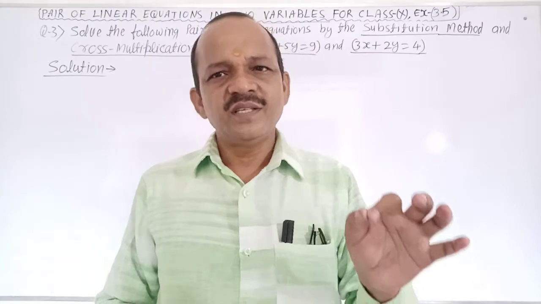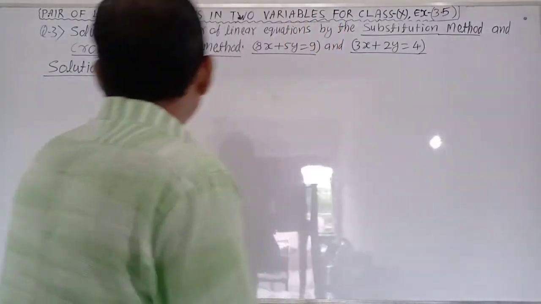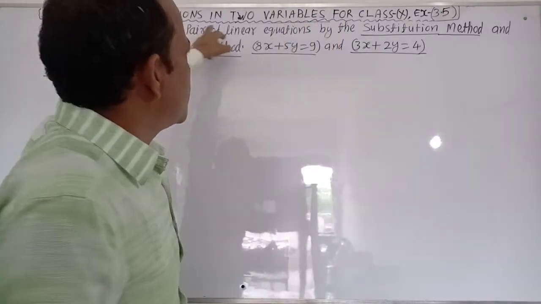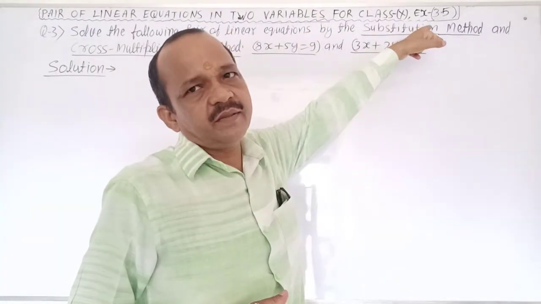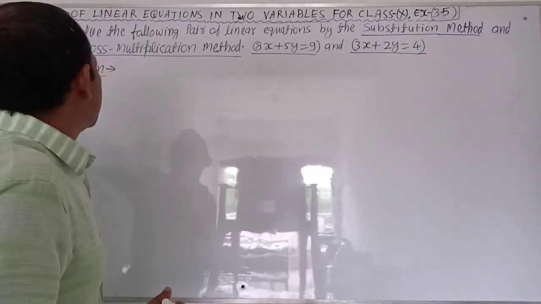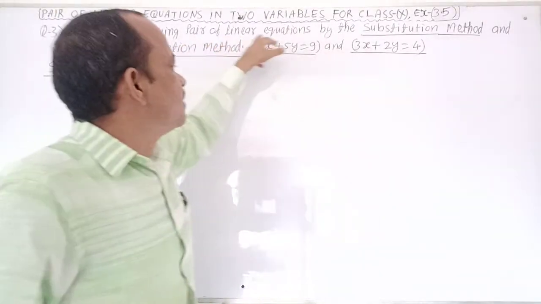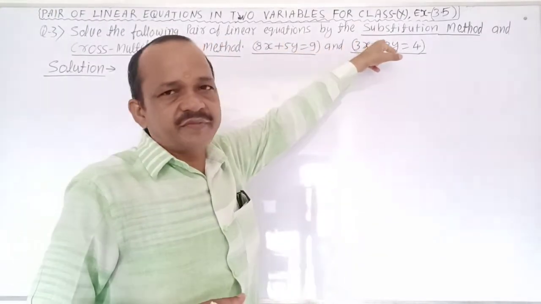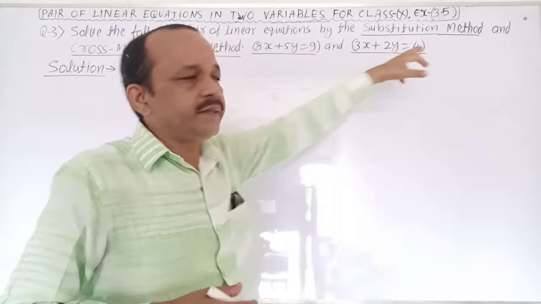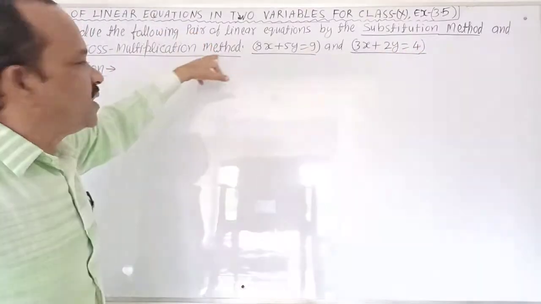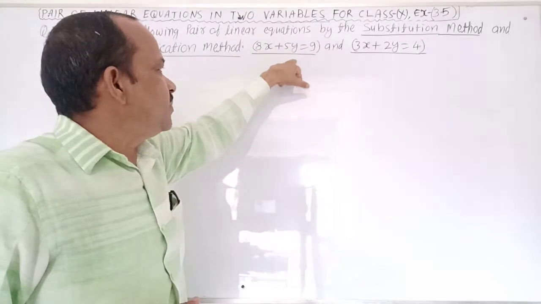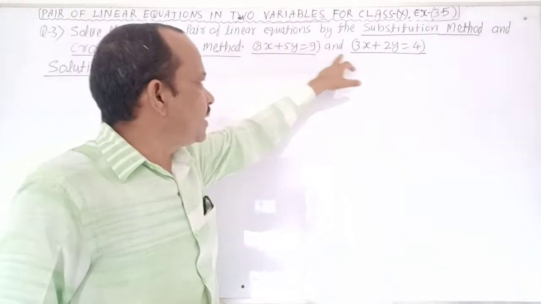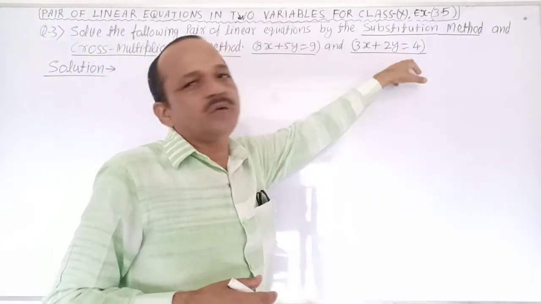Very good. See the board. Pair of linear equations in two variables, class 10, exercise 3.5, question number 3. Solve the following pair of linear equations by the substitution method and cross multiplication method. 8x plus 5y equal to 9 and 3x plus 2y equal to 4.